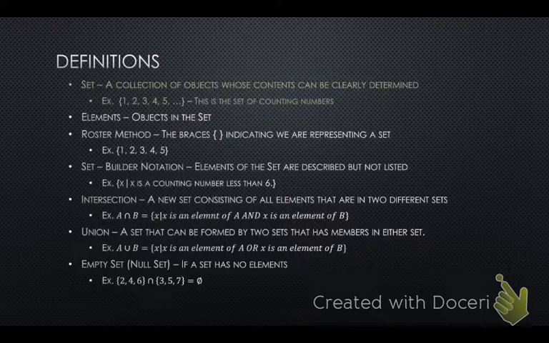Is there anybody that's going to be in both, that's going to be in the intersection of that? No, why not? Because you can only be in one class at a time, right? So that would be an empty set. There wouldn't be any overlap there. There's people that are in my second hour class. There's people that are in his second hour class. There's no overlap there.